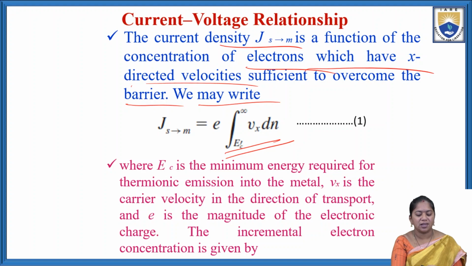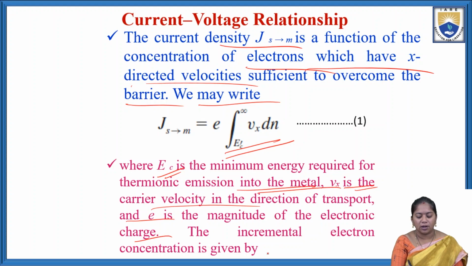That can be written as Js2m equal to e times the integral from EC prime to infinity of Vx dn. That is equation 1. Here EC prime is the minimum energy required for thermionic emission into the metal, Vx is the carrier velocity in the direction of transport, and e is the magnitude of the electronic charge.